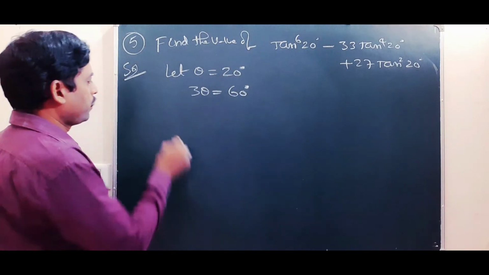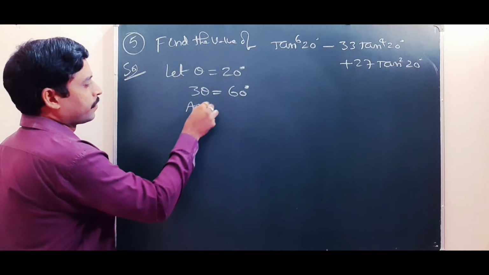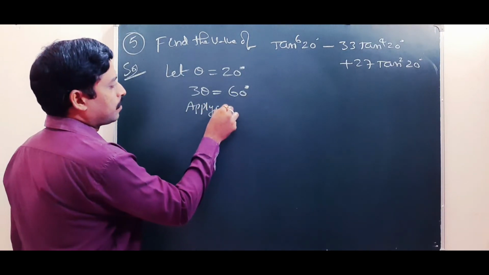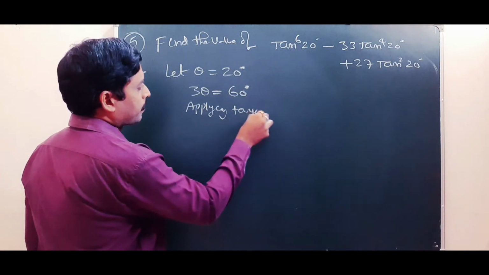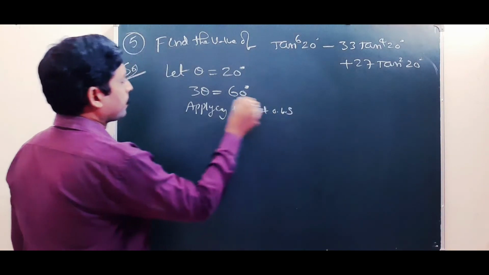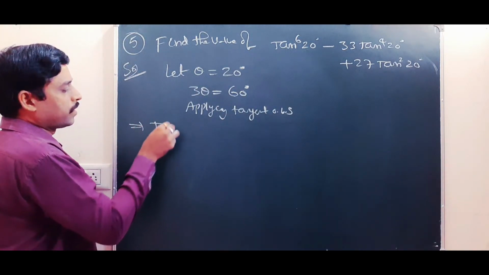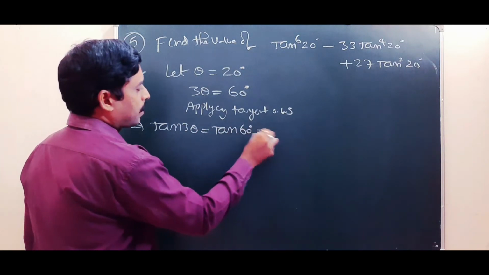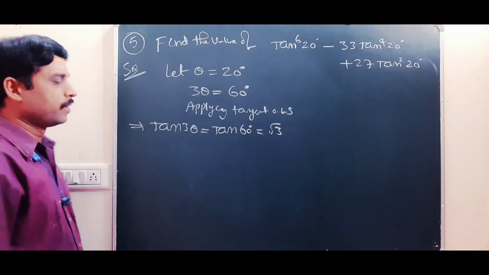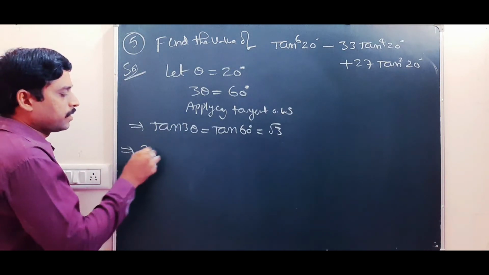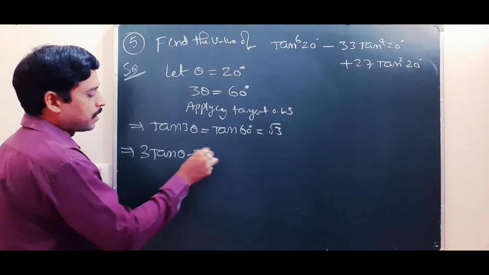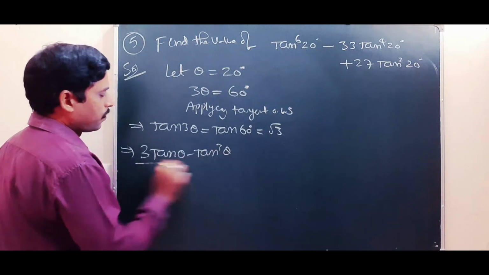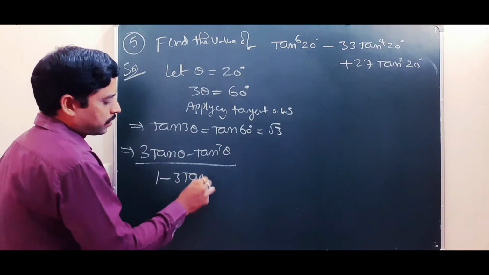Okay, now we should apply tangent on both sides. So tan 3 theta equals tan 60 degrees. So tan 60 value is root 3. So we have the tan 3 theta formula: (3 tan theta minus tan cube theta) by (1 minus 3 tan square theta).